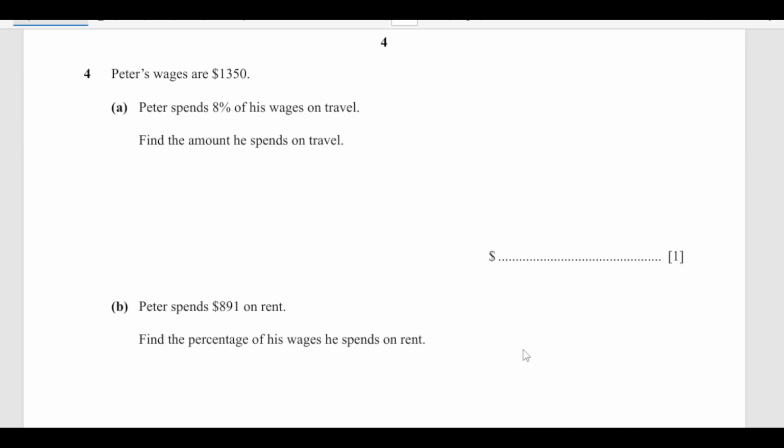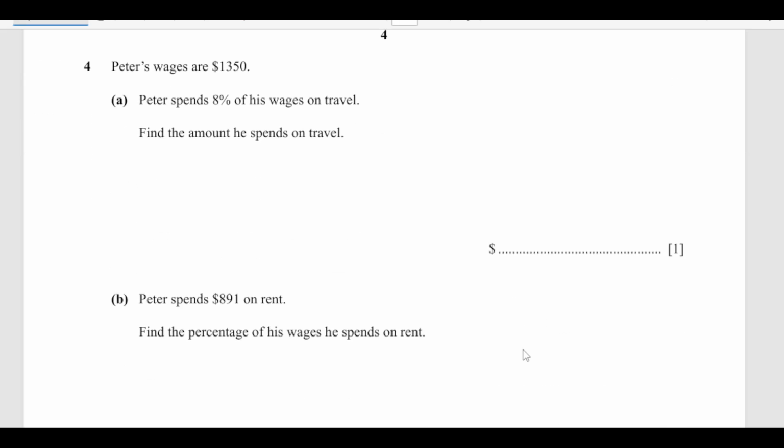Now number 4, Peter's wages are $1,350. Peter spends 8% of his wages on travel. Find the amount he spends on travel, right? So he spends 8% of his wages. So spent on travel is what he has spent on travel. It is 8% of 1,350 of the wages, right?